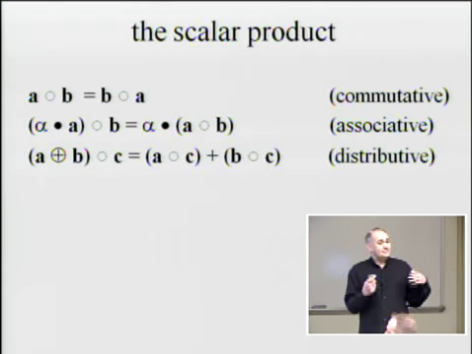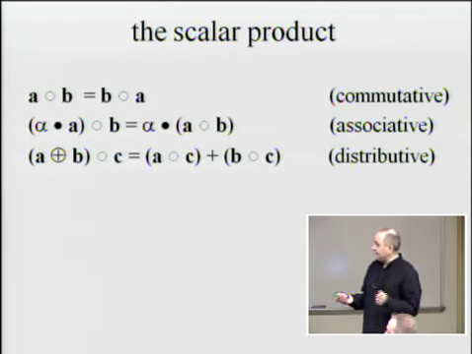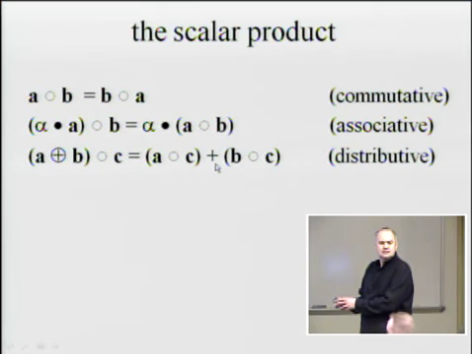It's also kind of mixed distribution. Because if I calculate scalar product with the sum of vectors, I can multiply each of the vectors separately. Oh, did I make an error here with this plus?